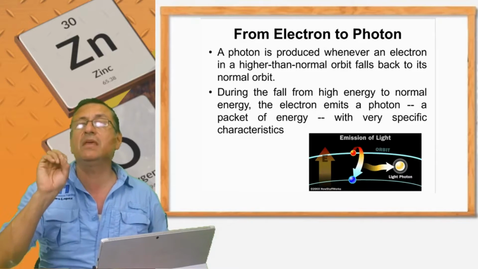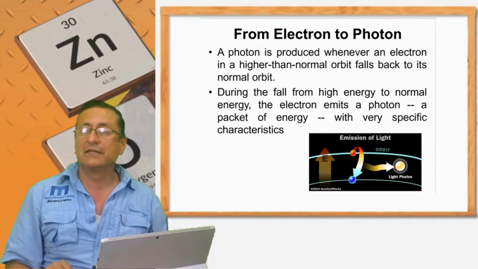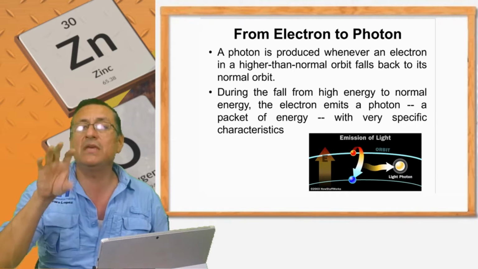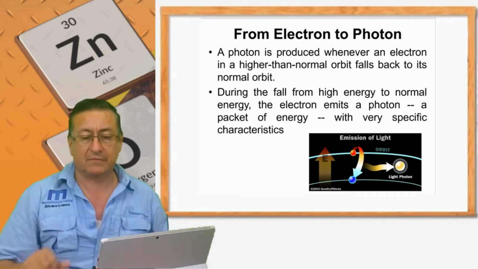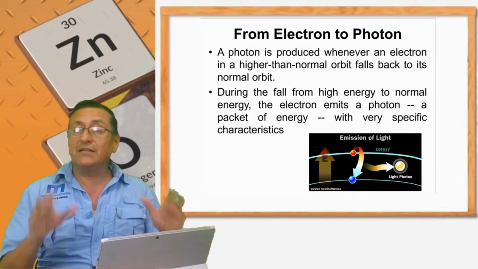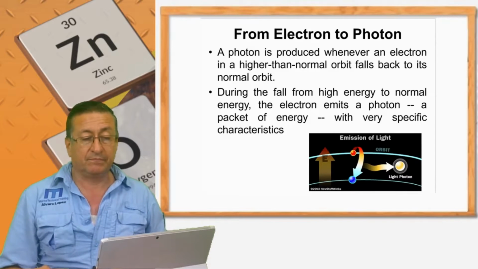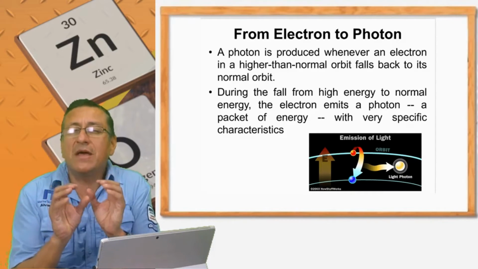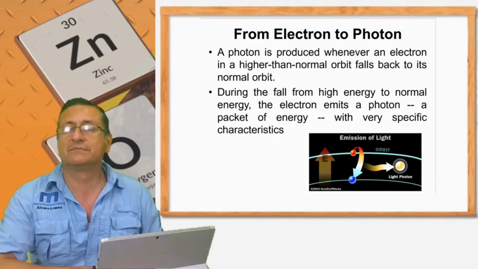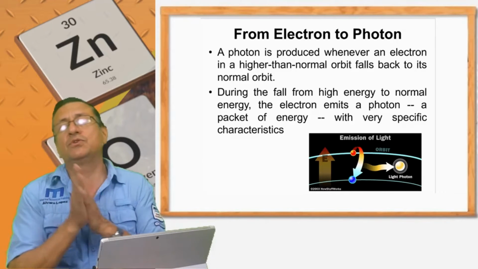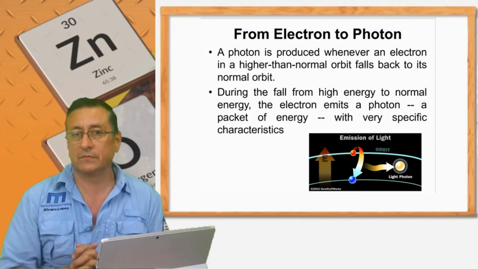The electrons emit a radiation. The electrons emit a beam of light. That radiation is a packet of energy with some specific characteristics. Once again, we are going to check the definition of a photon.